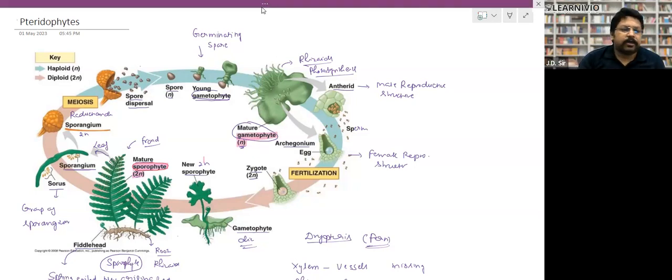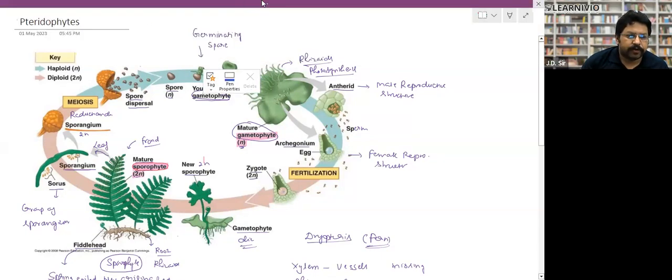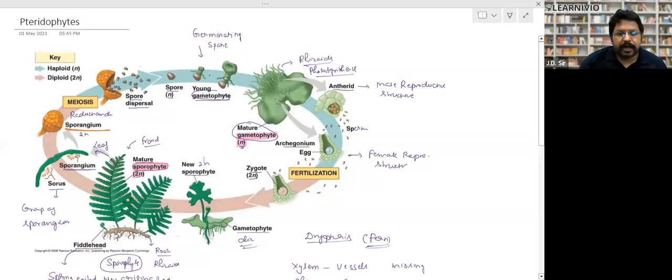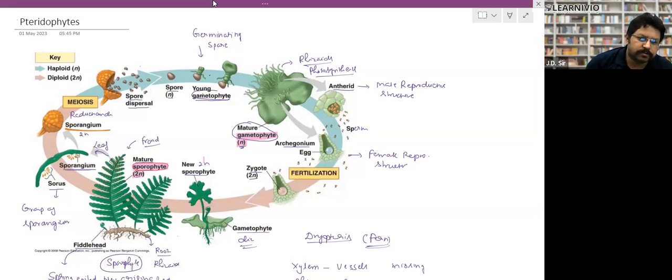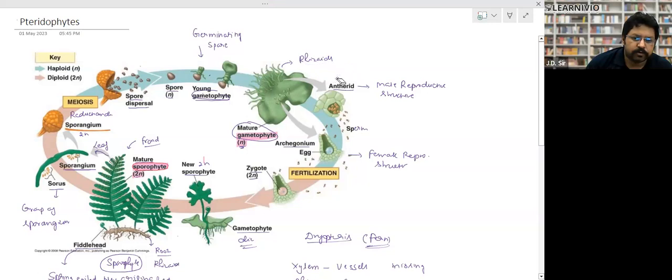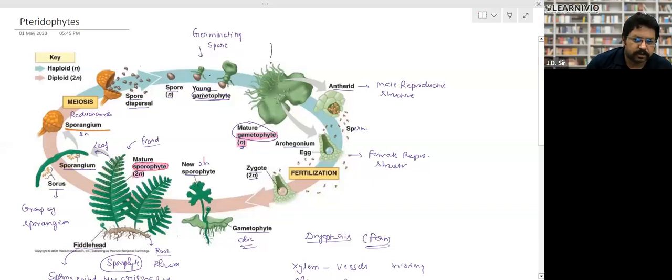In the gametophyte plant, there are rhizoids that absorb the water. Let me write it down more clearly for you. These root-like structures are rhizoids.